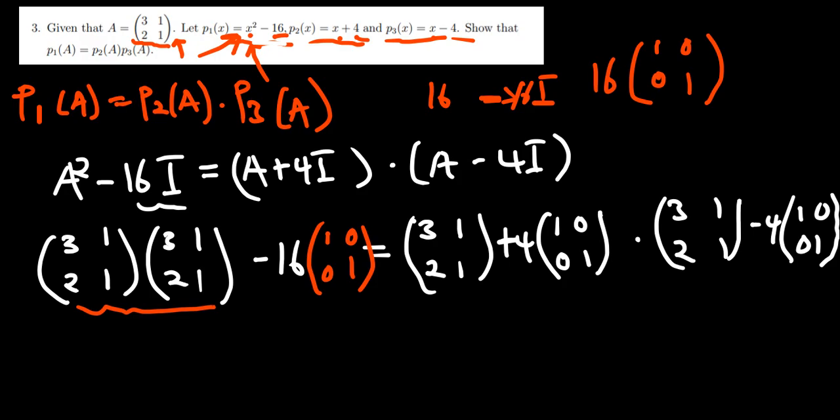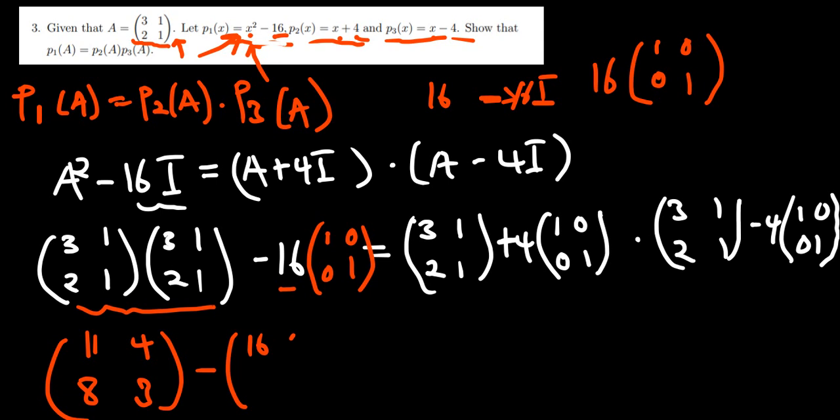So let's multiply these two matrices. When we multiply them, we get [11, 4; 8, 3], and then minus 16 multiplied by the identity matrix, which gives [16, 0; 0, 16].